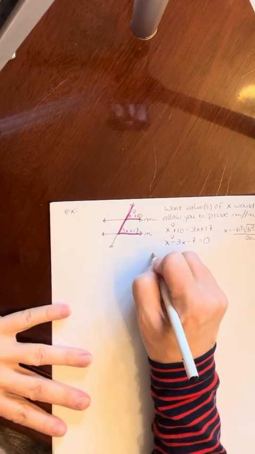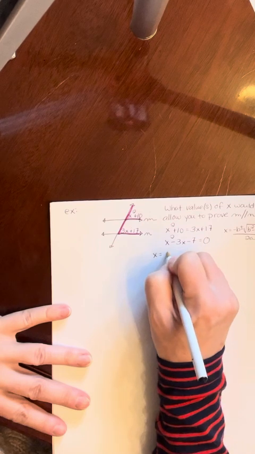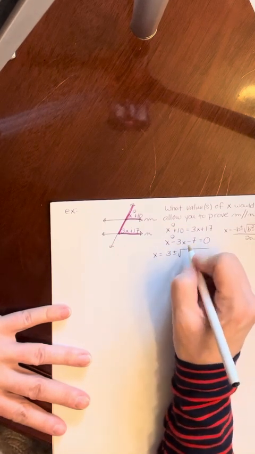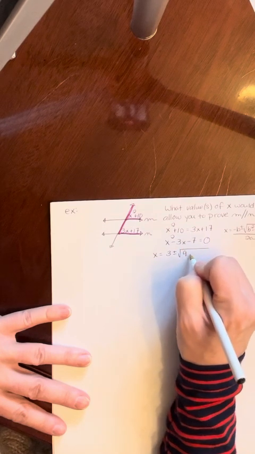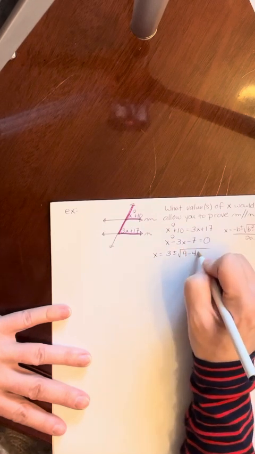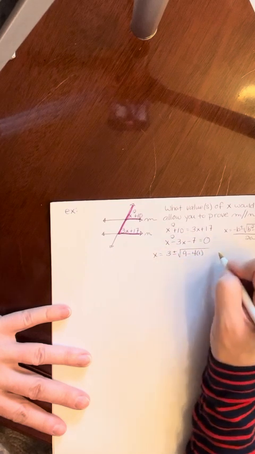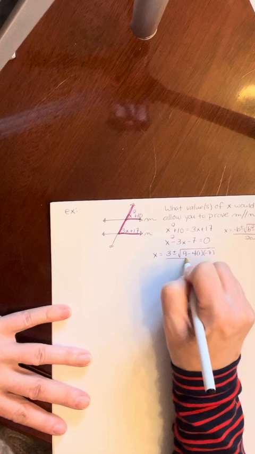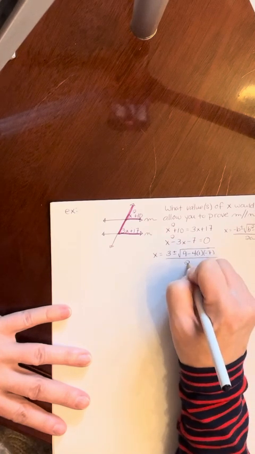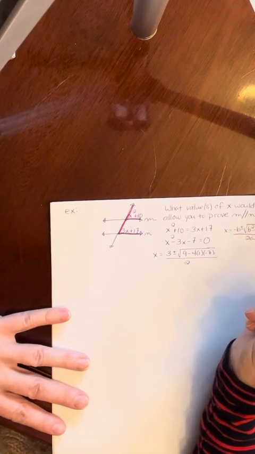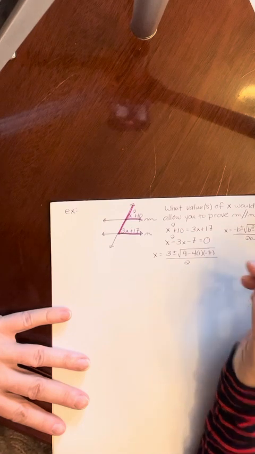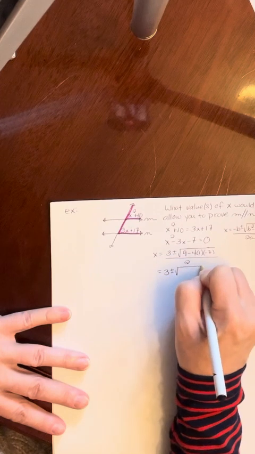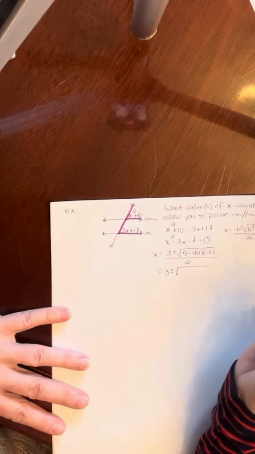Here we go. x equals negative b, so that would be a positive 3, plus or minus the square root of negative 3 squared, which is 9, minus 4 times a, which is 1, and c is negative 7, all over 2. You guys are all brainiacs. A lot of you can do this faster in your head than I can.